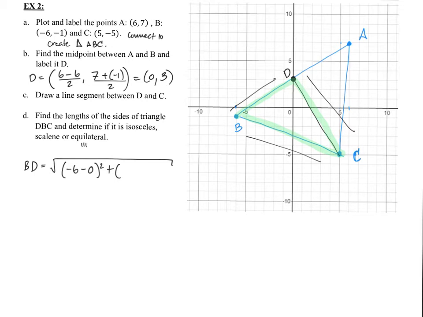So that would be -1 minus 3. Go ahead, pause the video and try to solve this by yourself.